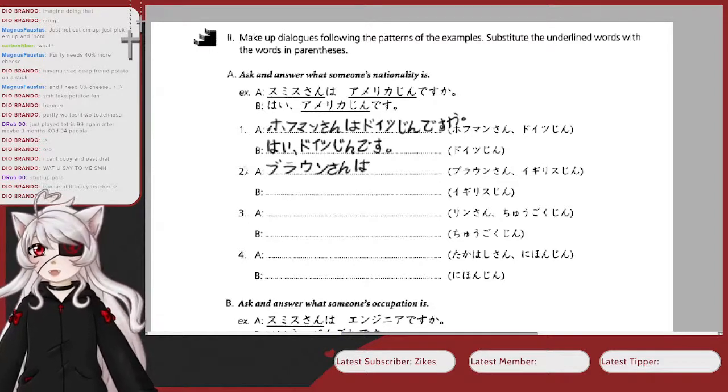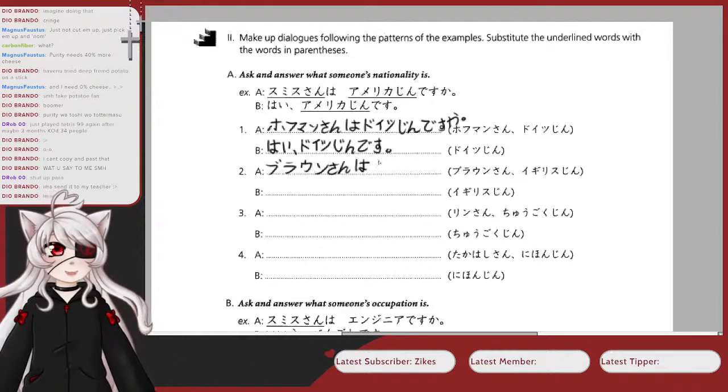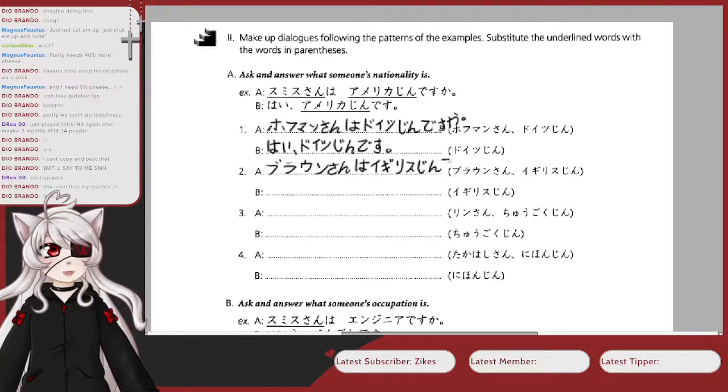Anyway, Brown-san wa... Oh god, this is even worse.